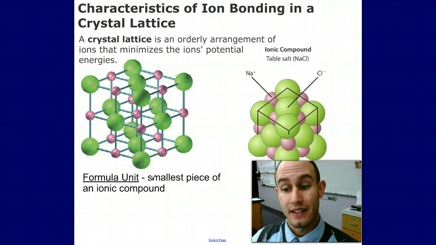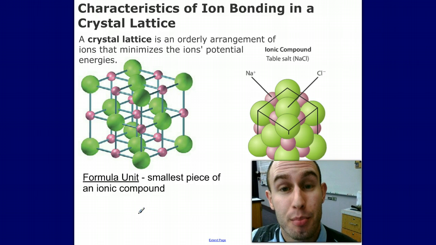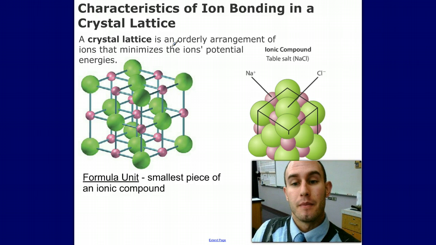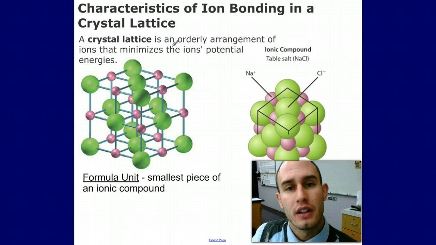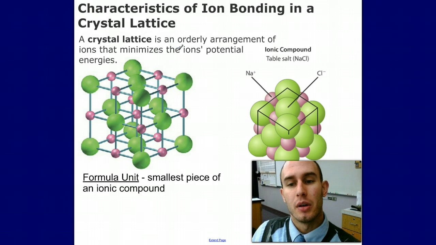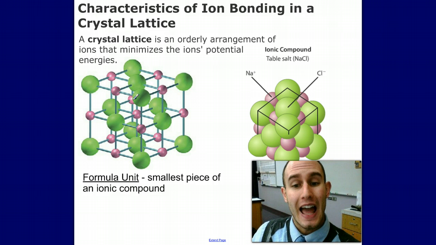This crystal lattice that I just briefly mentioned, you don't necessarily have to know exactly what the crystal lattice is, but know that it basically is an orderly arrangement of atoms for ionic compounds. So here we have our sodiums and our chlorines. In this example, I believe this is another example of table salt, so NaCl, with our positive and our negatives being attracted.